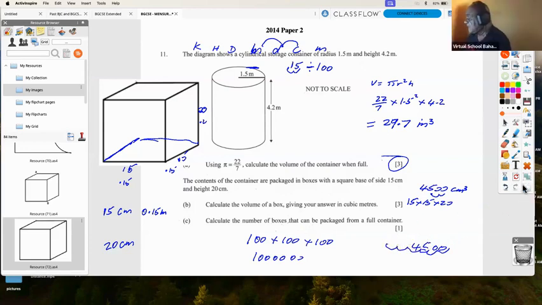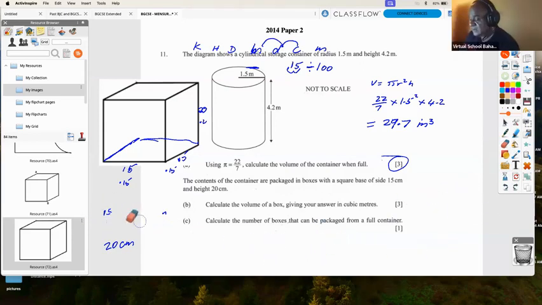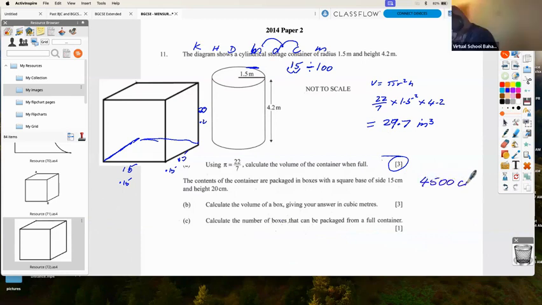Okay, let me explain it to you now. I'm going to explain everything right here. Now, when we multiply it, we get 4500 cm cubed.